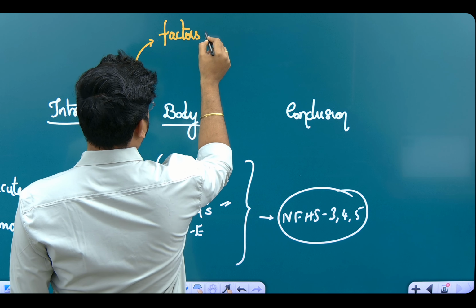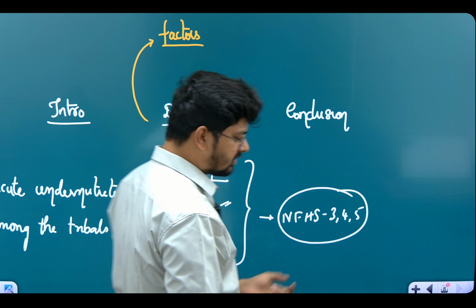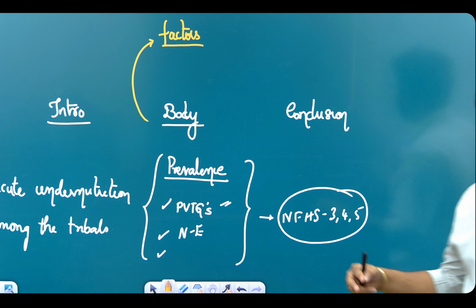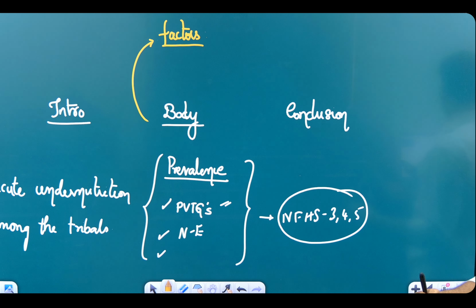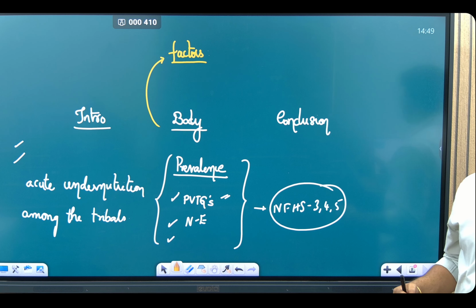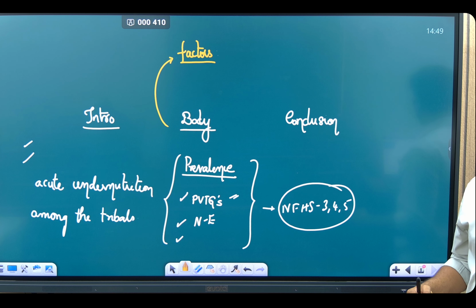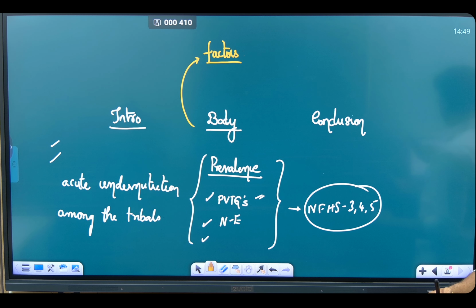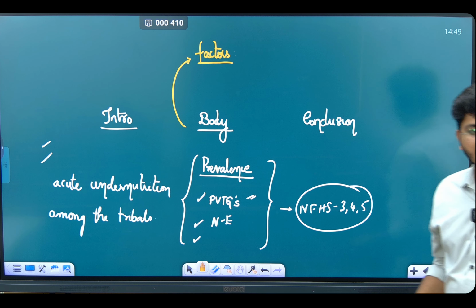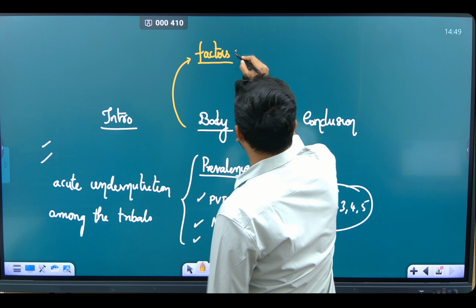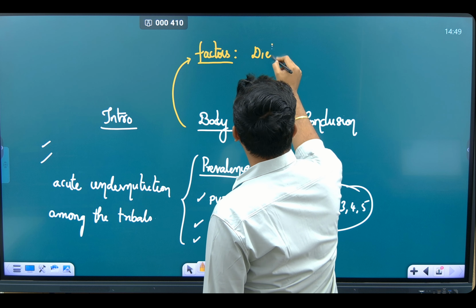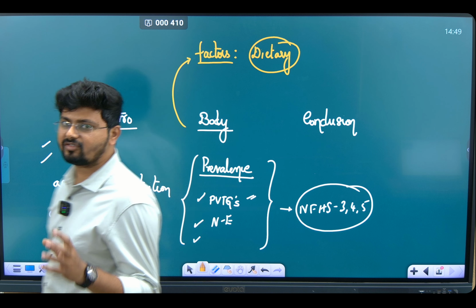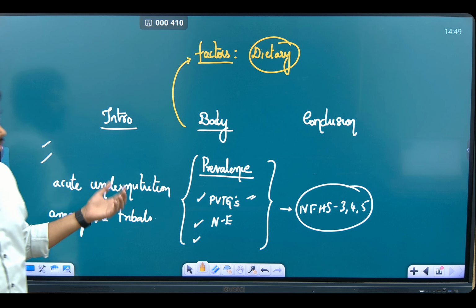First you'll write cultural factors. What do cultural factors include? They include dietary practices. In dietary practices, you notice only a few varieties dominate, and you can write examples.